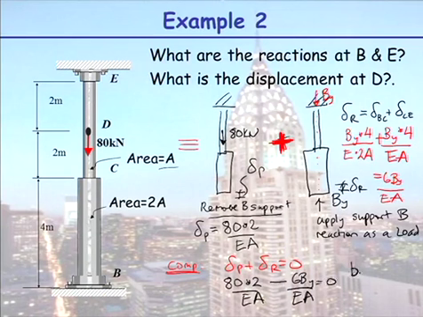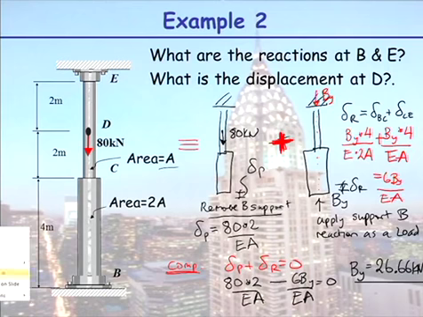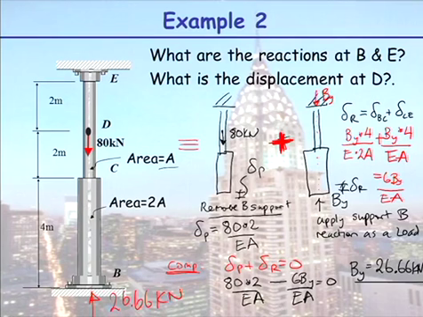And from that, we get a force for BY of 26.6. So of this 80 kilonewtons, 26.66 is being carried down there. And the remainder up here, 53.33 kilonewtons, is being transferred at the top.